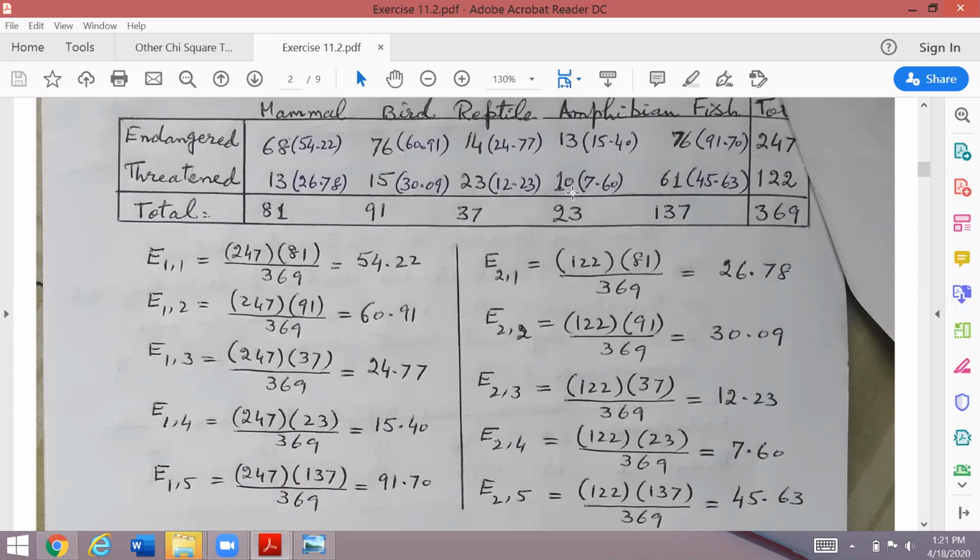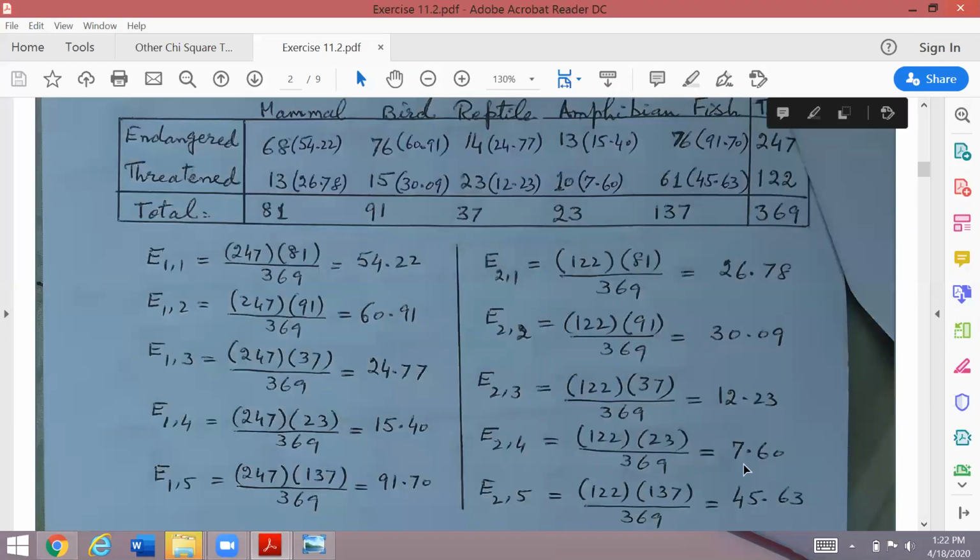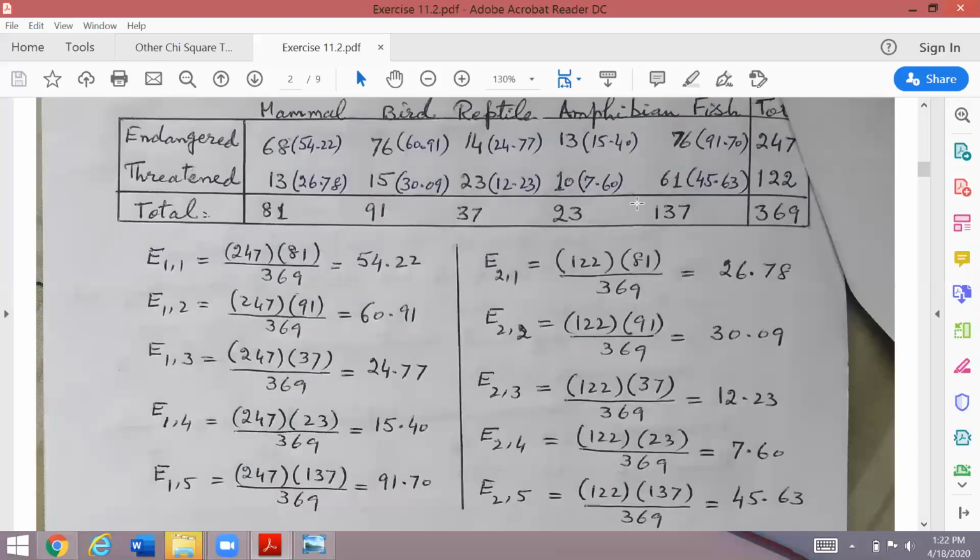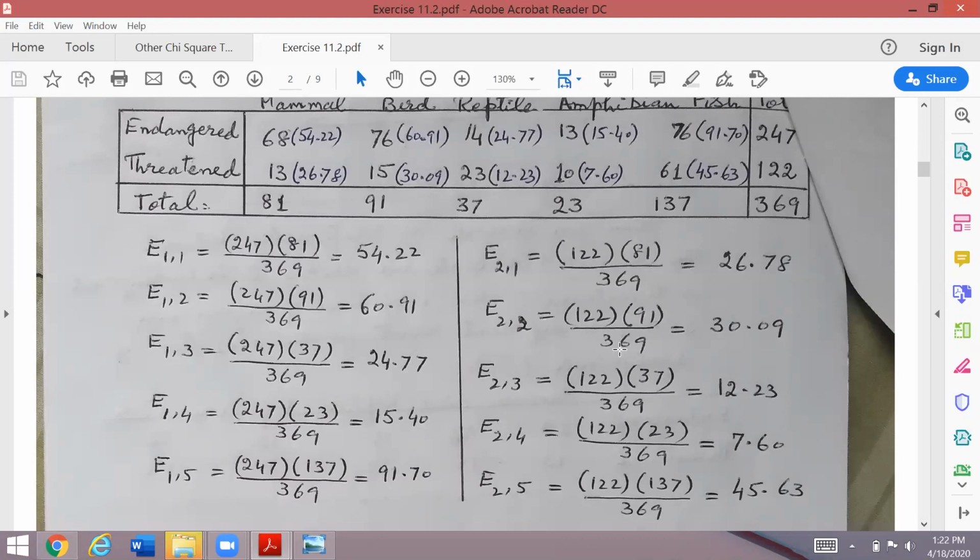Okay, 10 is an element for the amphibians and threatened species. So you will say this is 2, 4. Whatever its expected value you have calculated is 7.60. So write it in front of 2, 4.